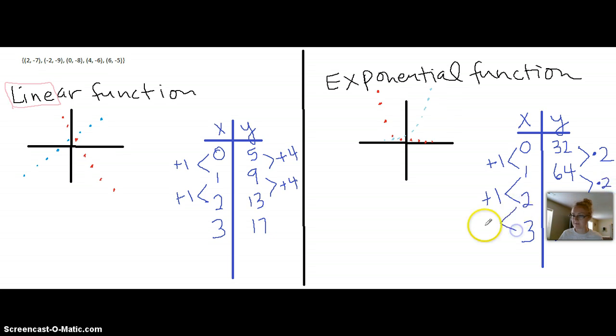You can see that? 32 times 2 is 64. 64 times 2 is 128. 128 times 2 is 256. So the difference when you look at a chart is you're looking for a pattern of either multiplication or addition. If we're multiplying, then we know we've got an exponential function. If we're adding or subtracting, we've got a linear function. Okay?